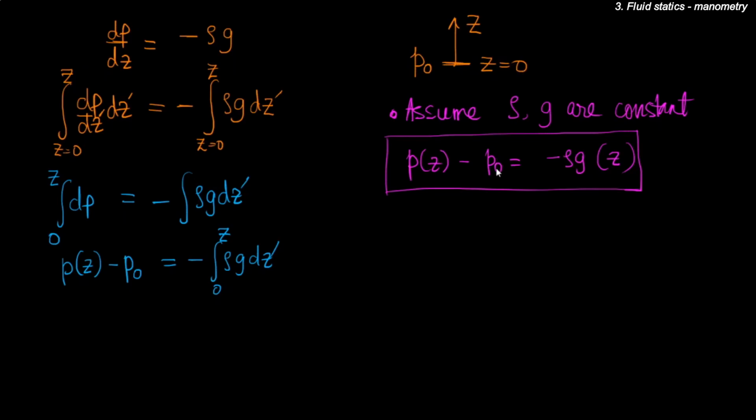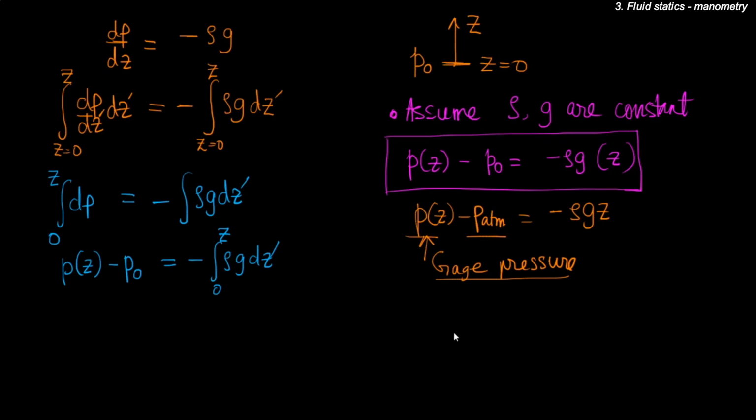And if p naught is the atmospheric pressure, then p at z minus p atmospheric is equal to minus rho g z, and the difference between the pressure at a point and atmospheric pressure, that is, how large this pressure is relative to the atmospheric pressure, is called the gauge pressure. We can similarly define the vacuum pressure.